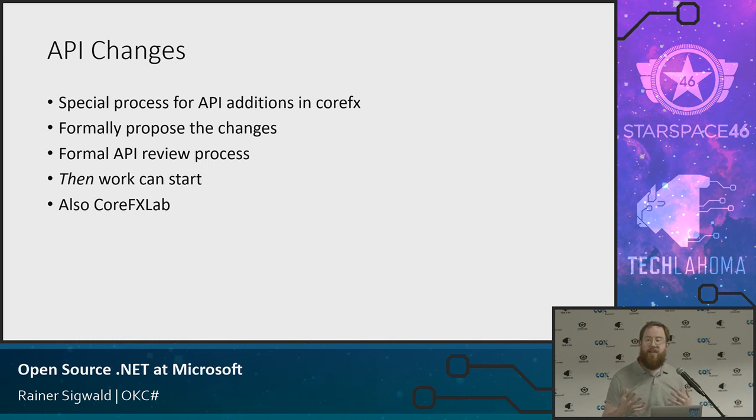As a consequence, there is an API design review process that you have to convince that, no, it is worth adding these APIs. It requires a formal proposal and a formal review process.